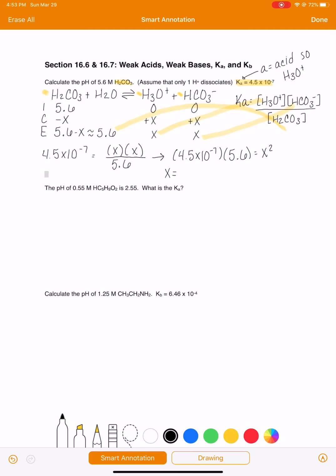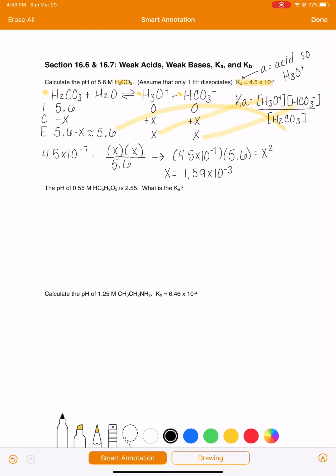So x is the square root of 5.6 times 4.5 times 10 to the minus 7, and we get 1.59 times 10 to the minus 3.